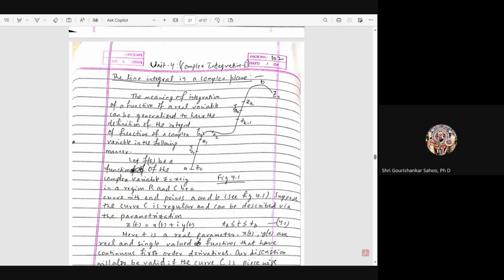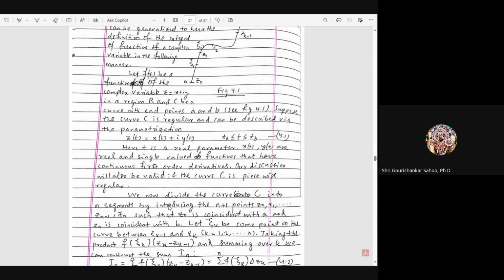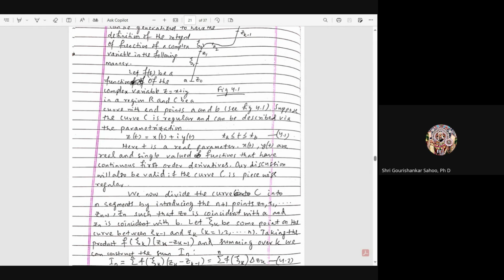So let us assume that C is regular. The curve C is regular and can be described via parametrization. Parametrization means this can be represented in an algebraic format. So Z, which is a function of t, can be written as x plus iy, where x and y are functions of t, and your t is greater than or equal to ta and smaller than or equal to tb.